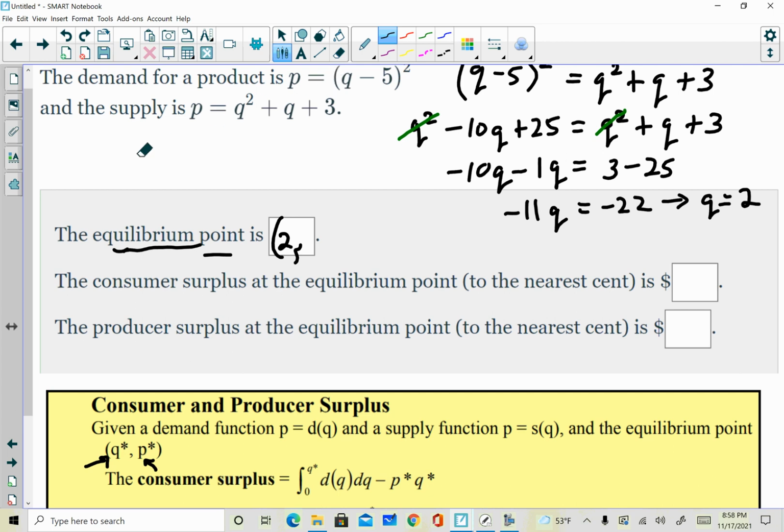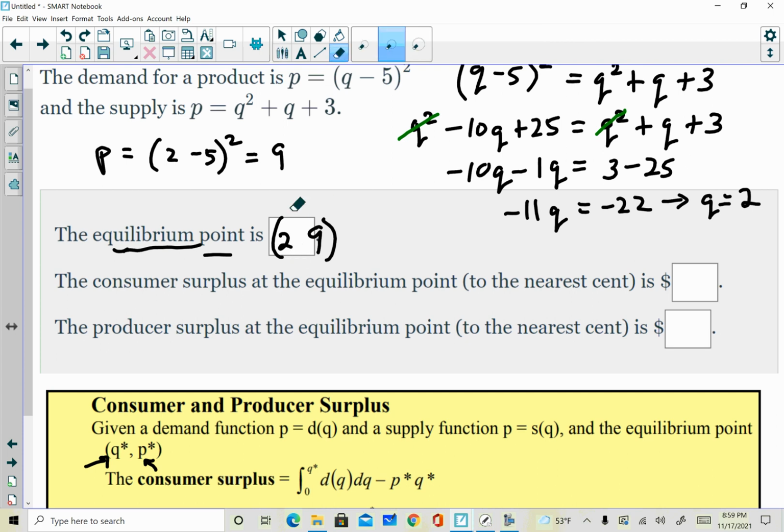So P equals 2 minus 5 squared. 2 minus 5 is negative 3, and negative 3 squared is positive 9. So 2, 9 is the equilibrium point. The Q goes first, then the 9.